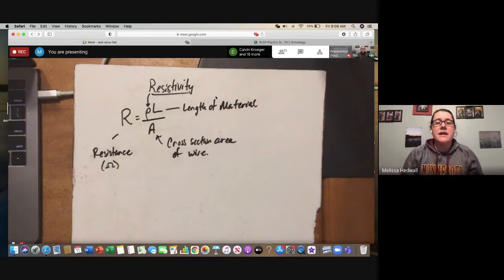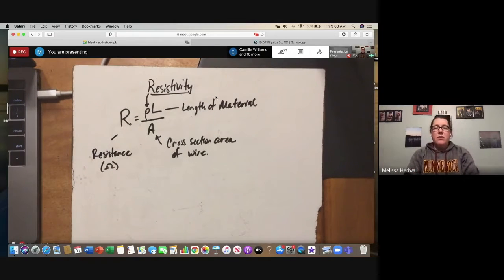Most of the time, we're going to calculate a circuit and not pay attention to the resistance of the wires. Usually the wires have a low enough resistance that they're not going to add enough to the overall resistance of the circuit to make a difference.